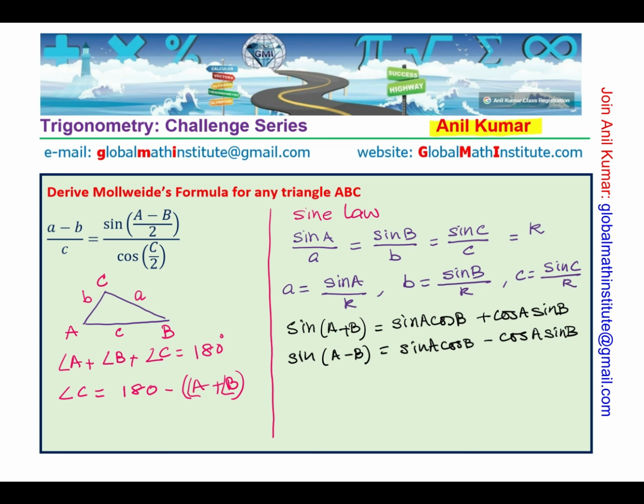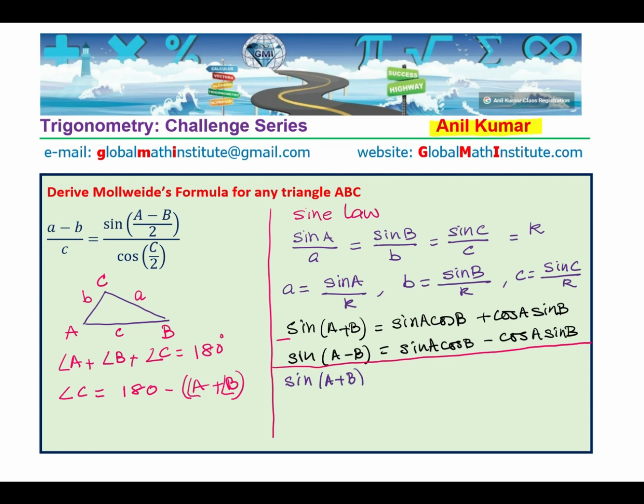Now, if I subtract one from the other, that is to say, sine (A plus B) minus sine (A minus B), these terms cancel and we get 2 cos A sine B. Perfect. So that's what we get, as you know.